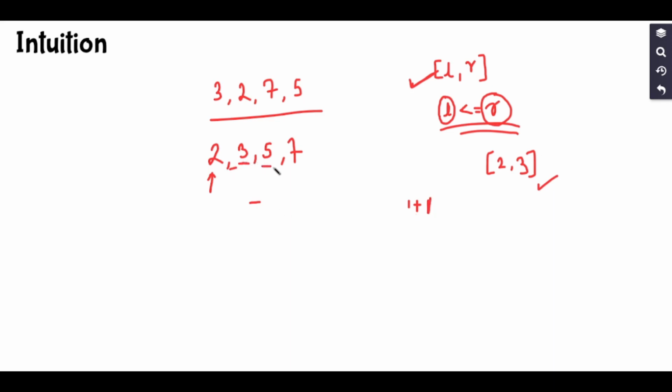Then I will check the third element, which is 5. It lies outside of this range. It exceeds the right limit, it exceeds this 3. That means I will never find any favorable element in this part of the array, because all of the elements will be greater than R. So I will stop traversing the array right at this point, and this would be my answer.